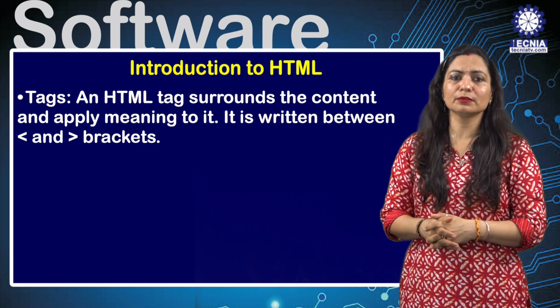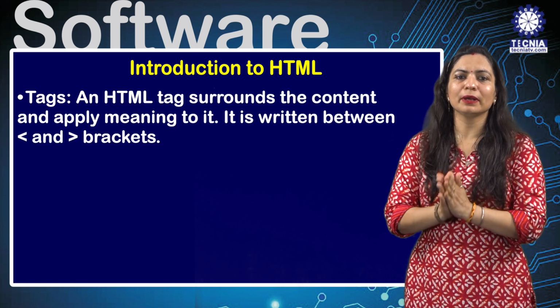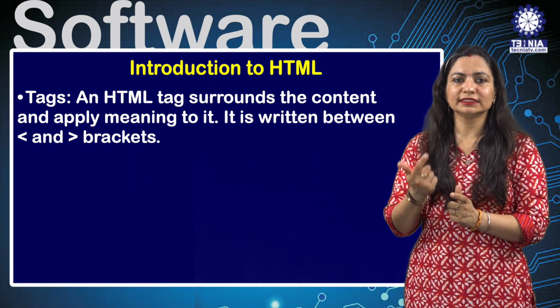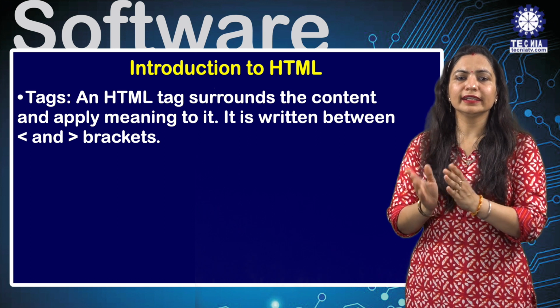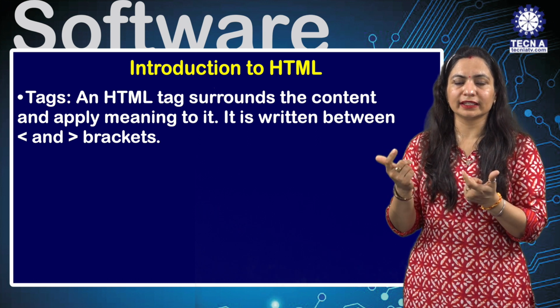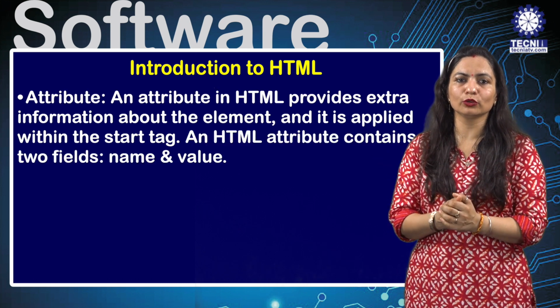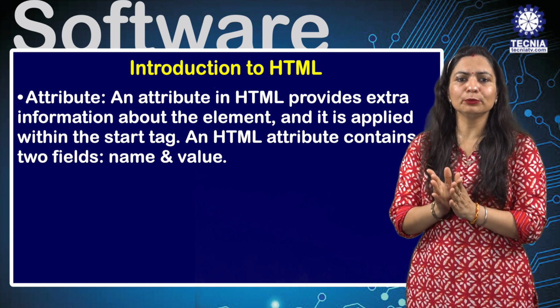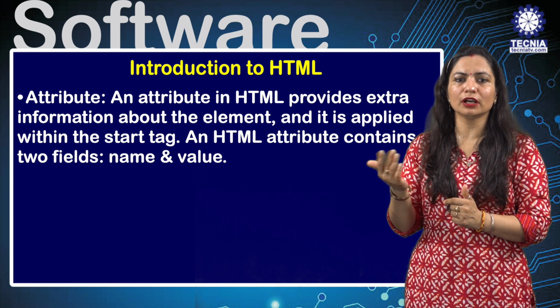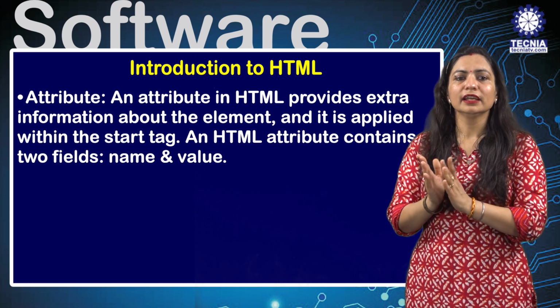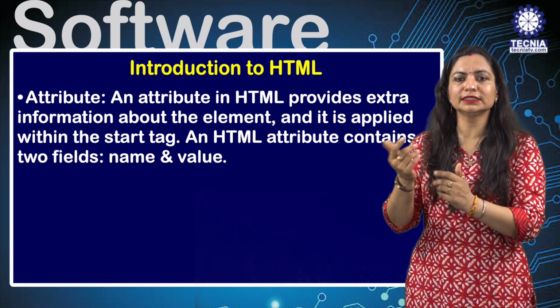The first basic building block of HTML is tags. An HTML tag surrounds the content and applies meaning to it. It is written between the brackets. And the other building block is attribute. An attribute in HTML provides extra information about the element and it is applied within the start tag.